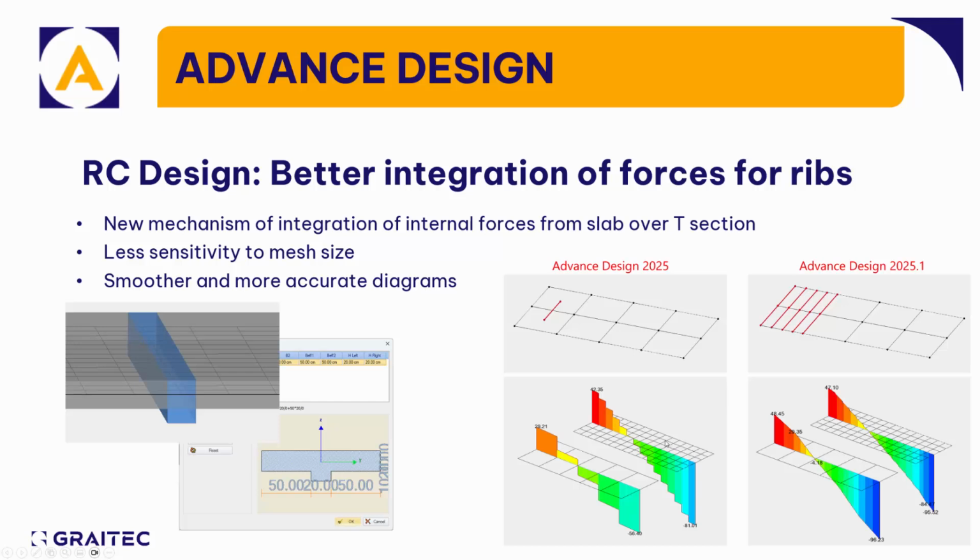But now in Advanced Design 2025, you can have a much smoother distribution, basically, or presentation of forces, which is more accurate because we are doing the integration and so on behind the scenes.